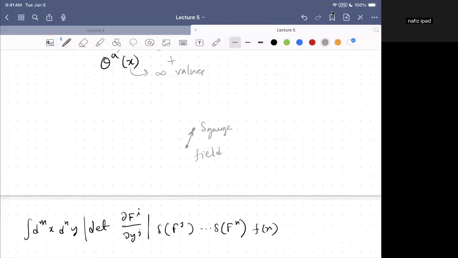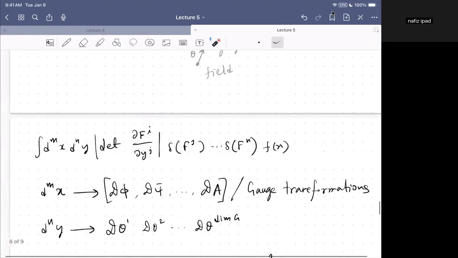So delta gauge is a gauge transformation. I turned on some non-zero values of the parameters theta, and then you have a new field configuration. In this way, you can treat these gauge parameters as the coordinates in the directions of the gauge orbits, right?